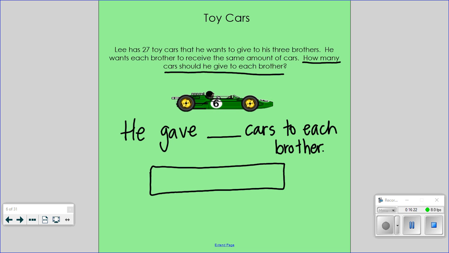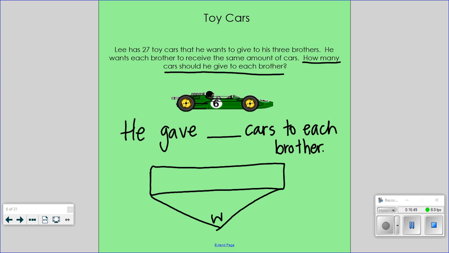That bar represents what I'm counting. In this problem, I'm counting toy cars. I'm going to make my big arms like I normally do to show the whole, aka the total. And then I'm going to stop.